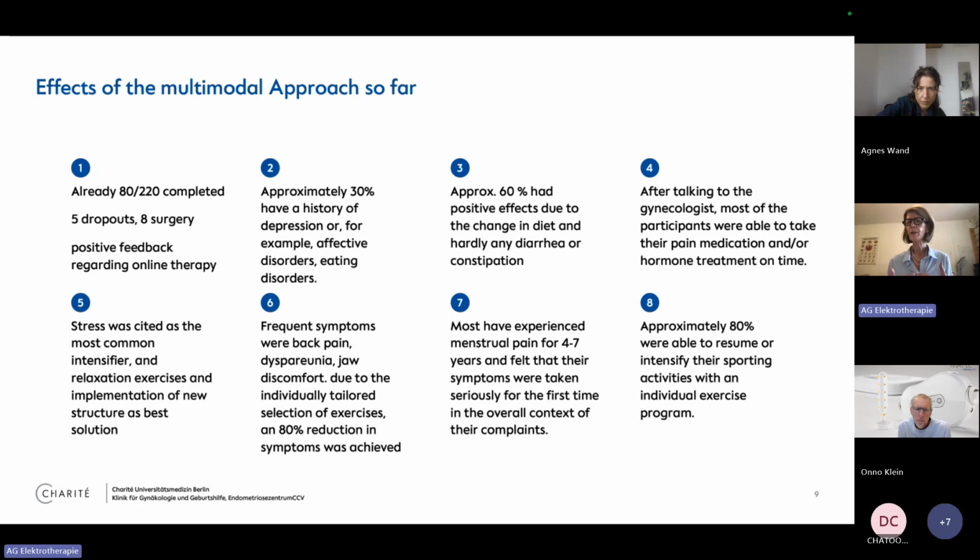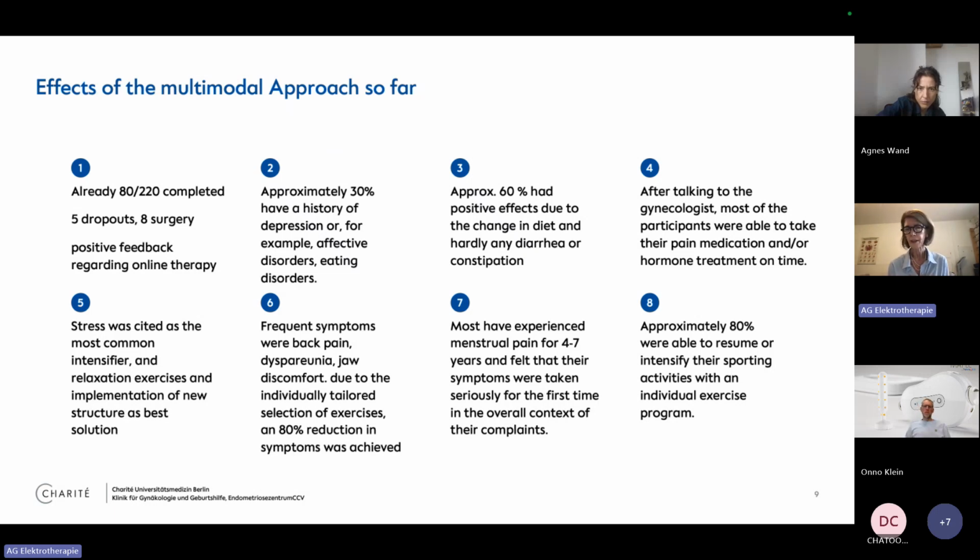So most of them told us at the end, yeah, now I know how to handle it. Now I know what I can do. So frequent symptoms were back pain, dyspareunia, jaw discomfort. Due to the individually tailored selection of exercises, an 80% reduction in symptoms was achieved. And most have experienced menstrual pain for 4 to 7 years.